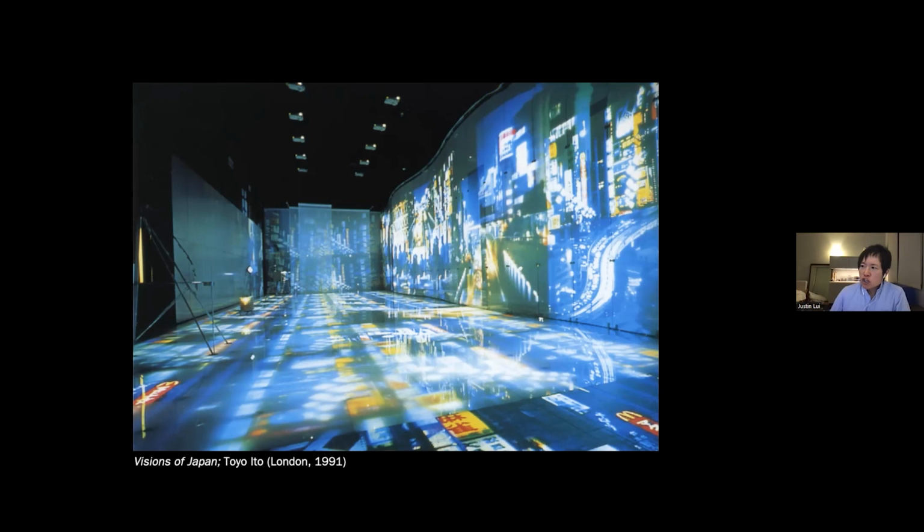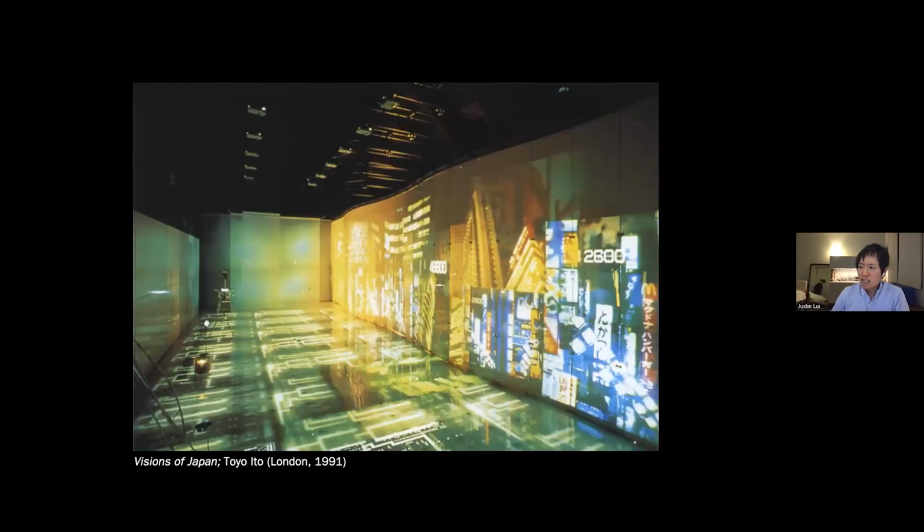The technology here is 31 video projectors, back projecting the wall, but projecting down on the floor. 31 video projectors playing 12 laser discs, which in 1991 was all pretty exotic technology. Nowadays, you can do this with cheaper hardware and computers, but it was a pretty hard thing to pull off back then. So, scenes from Japan.